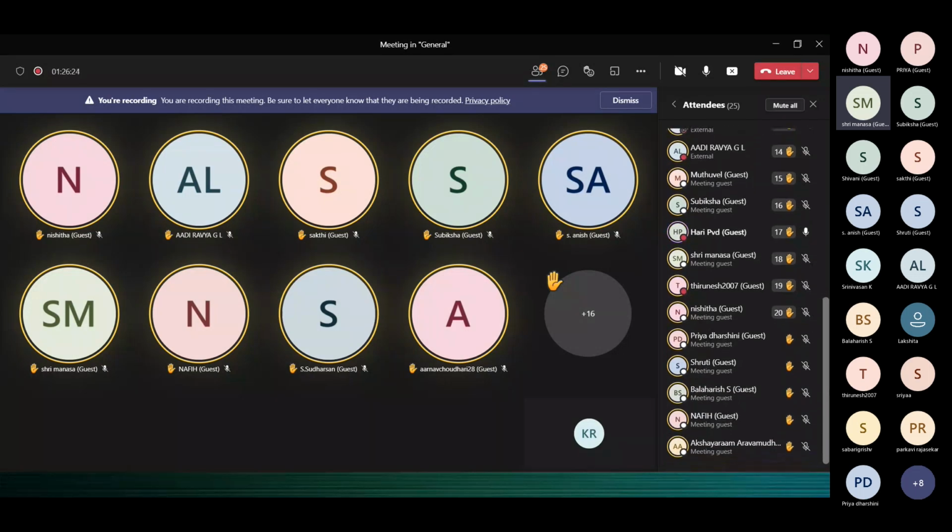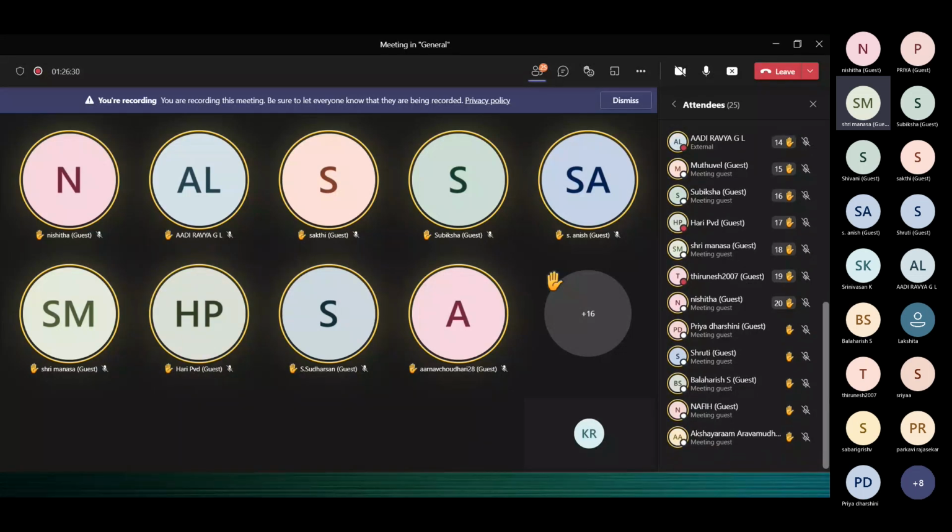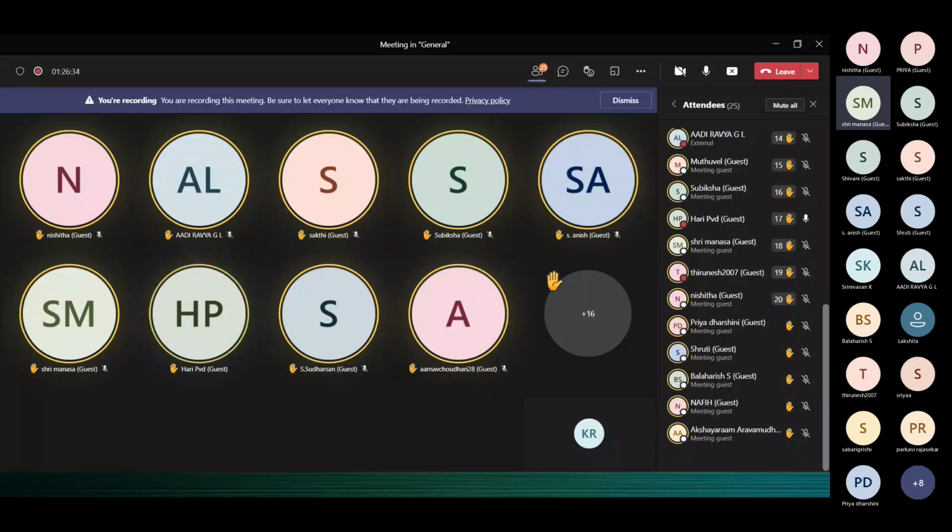Yes, ma'am, I will submit it today. But what happened yesterday? Hariharan, Manasa, Tirunesh, Nishita, Priyadarshini, Shruti, Balaharish, I did not receive your classwork.